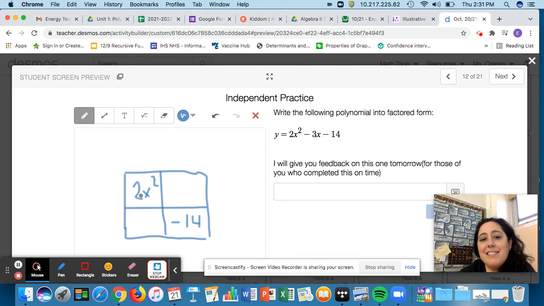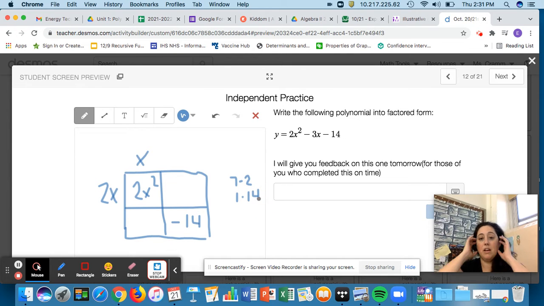So this is the easiest one to tackle, right? Only 2x times x would give you 2x squared. Okay. Now with negative 14, I've got a couple options. I can do 7 times 2, right? One of them would have to be negative. And I could also do 1 times 14. All right, so some combination of these factors.